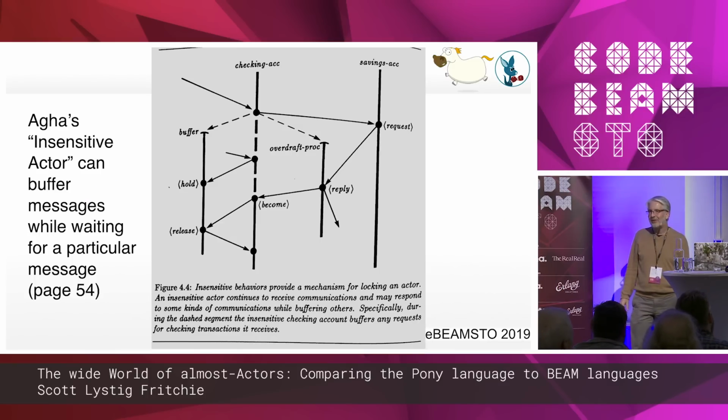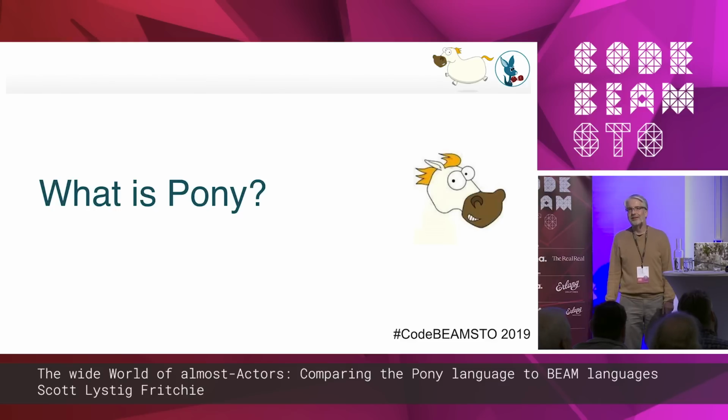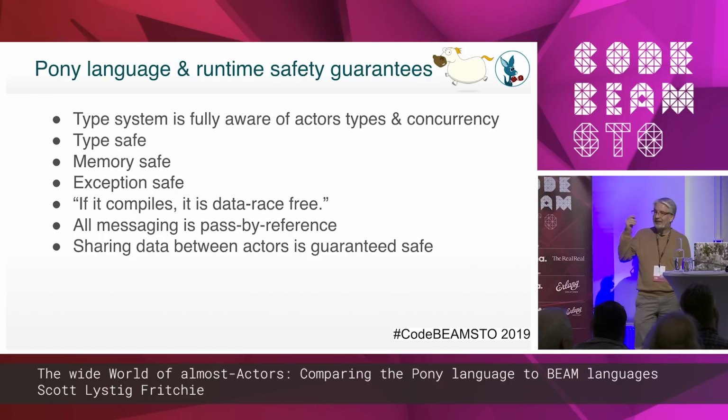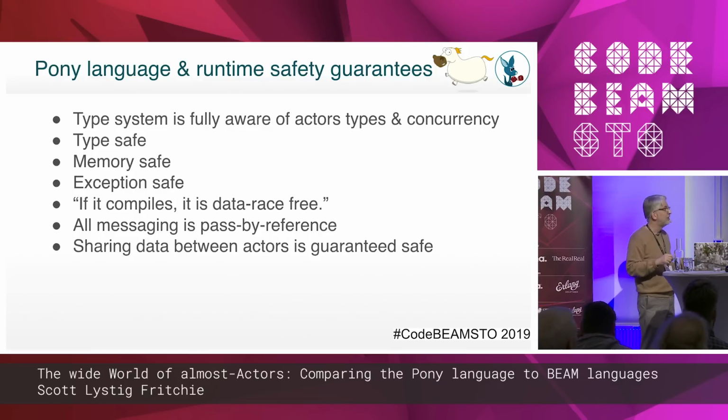Pony is a language with a type system that is based on a type of typing called affine types, and affine types are also used by the Rust type system for keeping track of the notion of ownership of pieces of data. Pony has more flavors of access control embedded in the typing, more variations than Rust does, but the notions of ownership are similar between the two if you know anything about Rust.